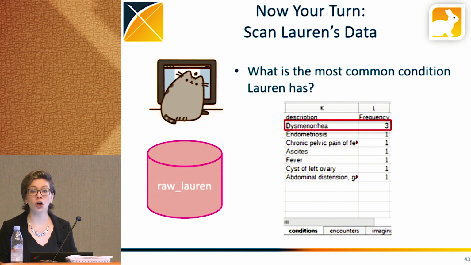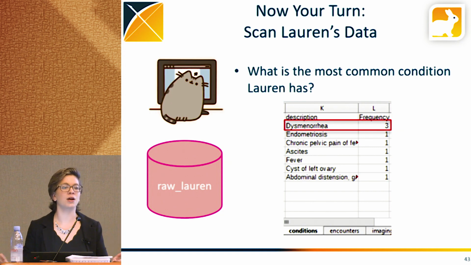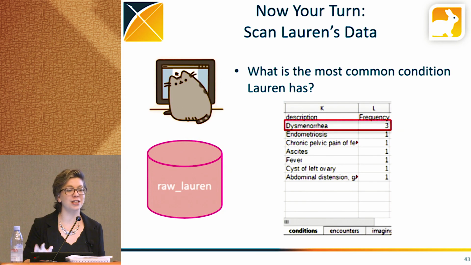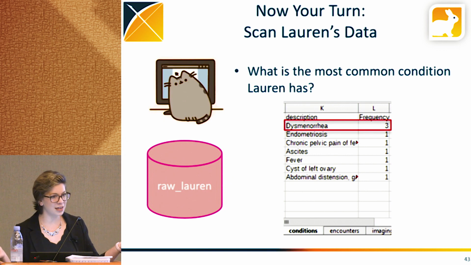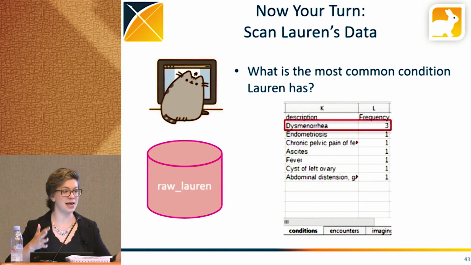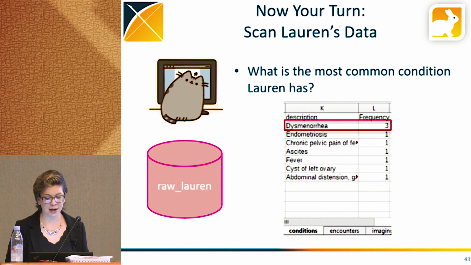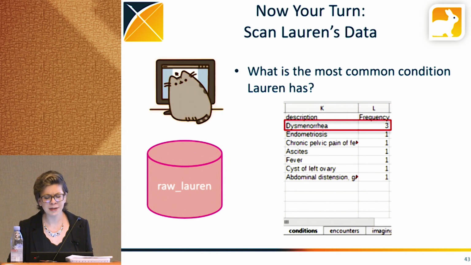So that's her most common condition. And again, when we're only scanning one person, we can attribute it to Lauren. If we were scanning the whole database, we can't attribute any column to anything because it's going to be what's most frequent in the data. But this starts to give us an idea of what are the things we're going to need to handle in our data.